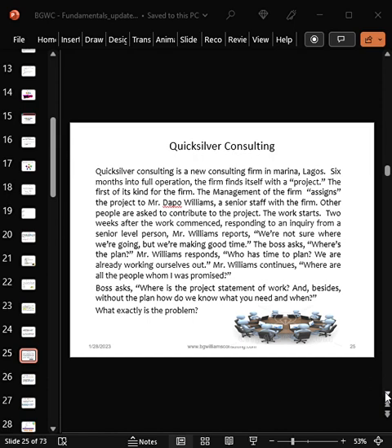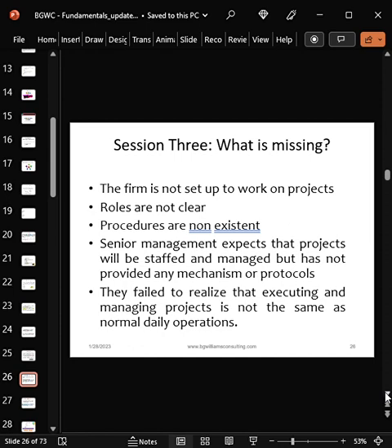All right. That's great that we're able to detect that. You discover that the firm at the initial stage is not even set up to be a project firm. They just decide to embark on a project. Just like Wale said, they don't know what to do, which means the roles are not clear, right?